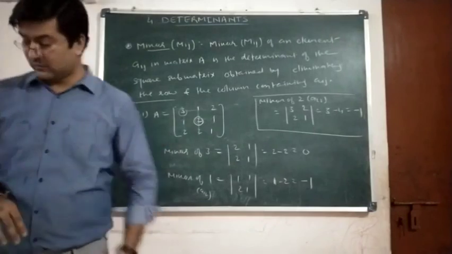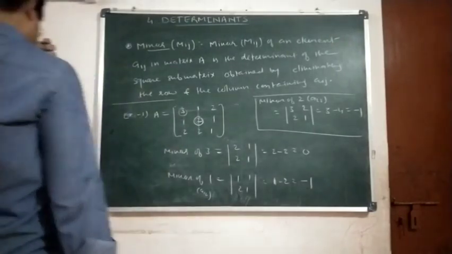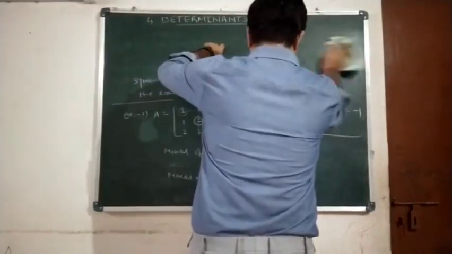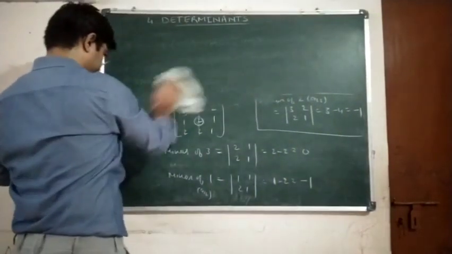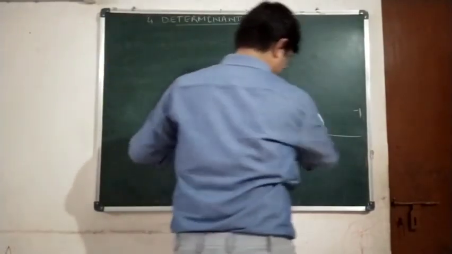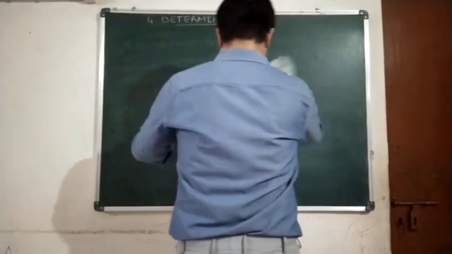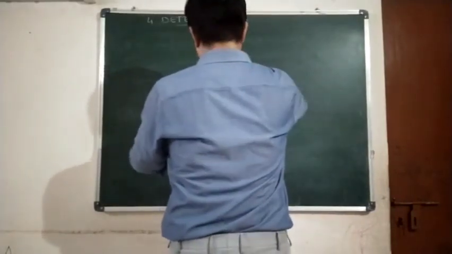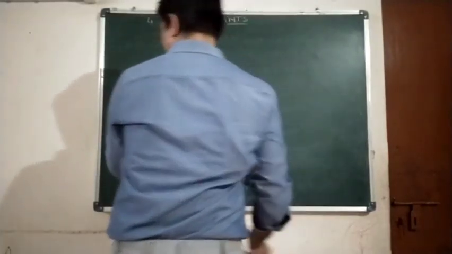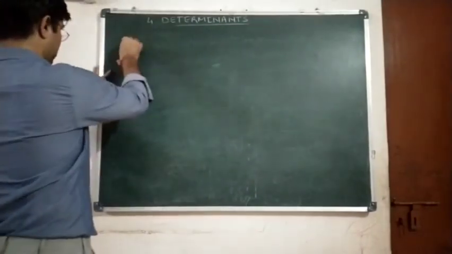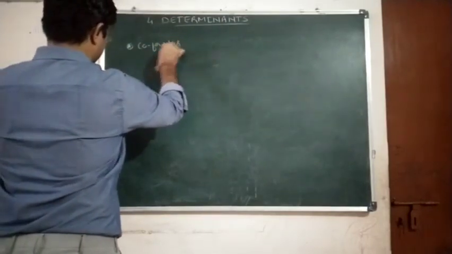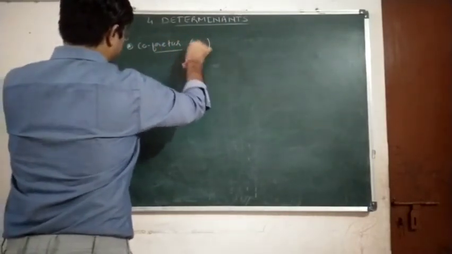Now let us see what is the cofactor. Cofactor is denoted by Cij.